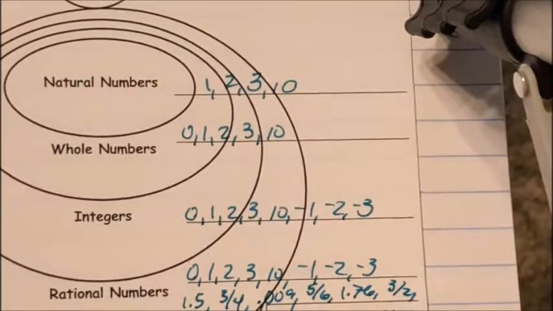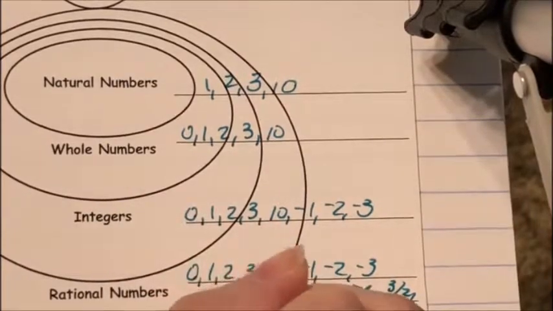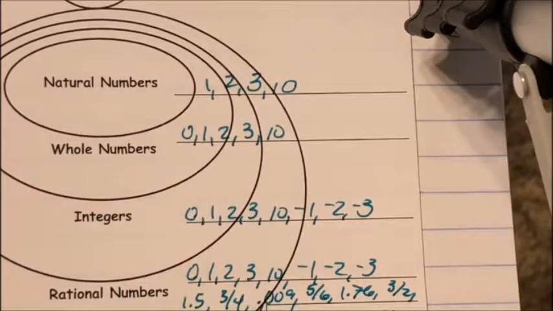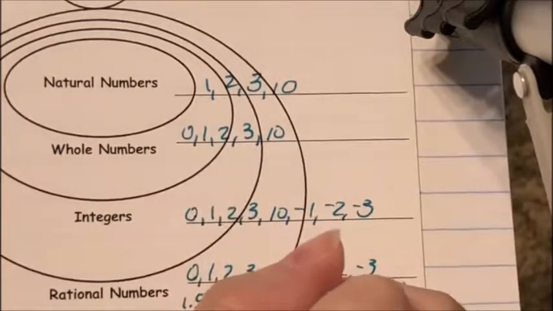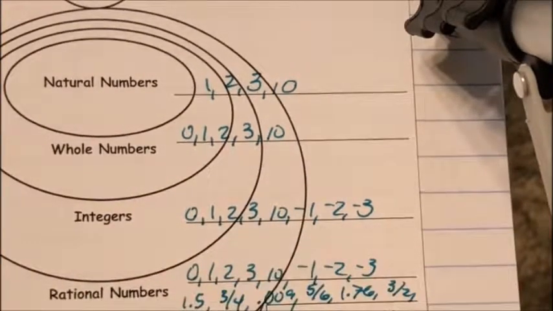3/2, p over q, 3.14, square root of 100, which turns into 10 actually, and -2/17. Okay.